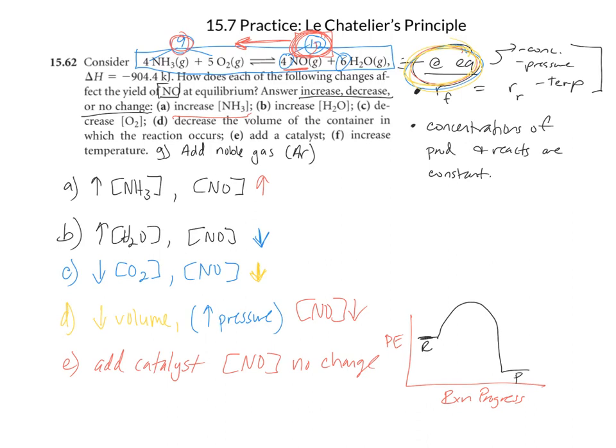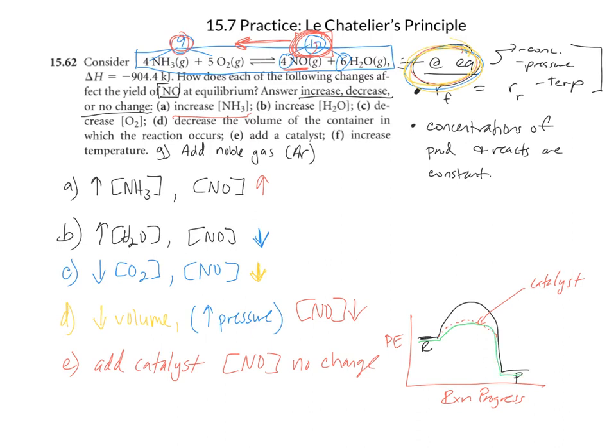If I add a catalyst, that catalyst just decreases the activation energy. So this is with the catalyst. The catalyst speeds up the rate of the reaction. However, it speeds it up in either direction. So in the green, if I'm going from reactants to products, it's that fast.